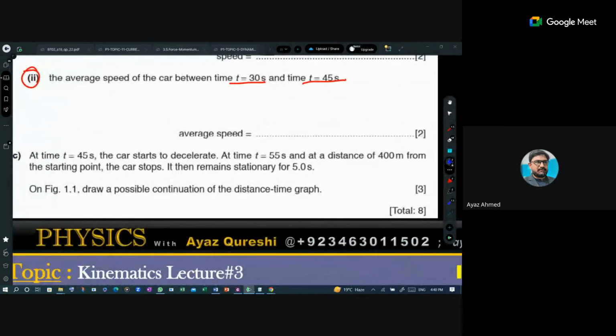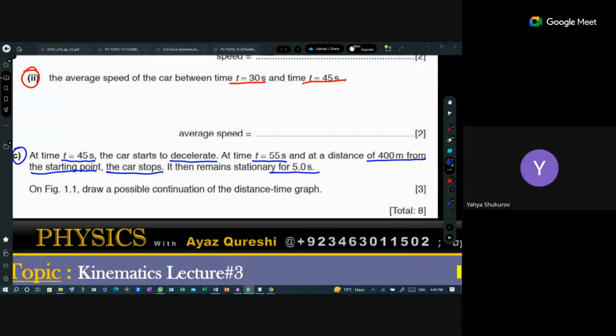So he is saying that at time equal to 45 seconds, the car starts to decelerate, right? The car stops at time 55 seconds, at a distance of 400 meters from the starting point, and it remains at rest for 5 seconds. Is this information very clear to both of you?